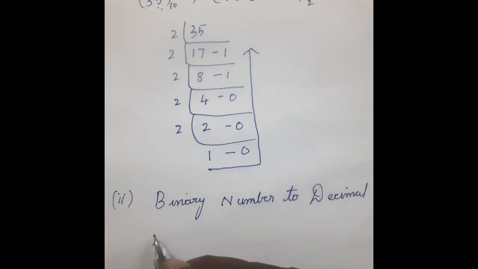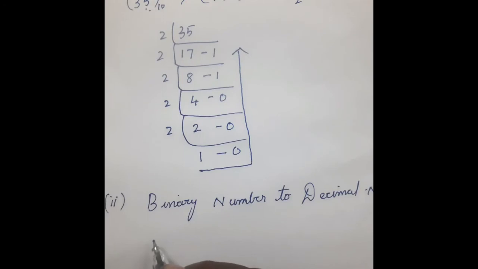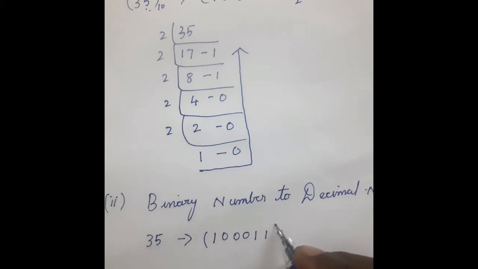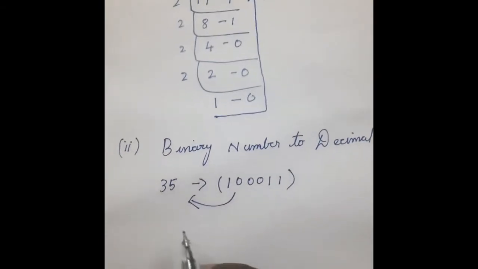For example, we take the same 35. 35 in binary is 1 0 0 0 1 1. Now we are going to convert binary to decimal. Converting binary to decimal: 1 0 0 0 1 1.